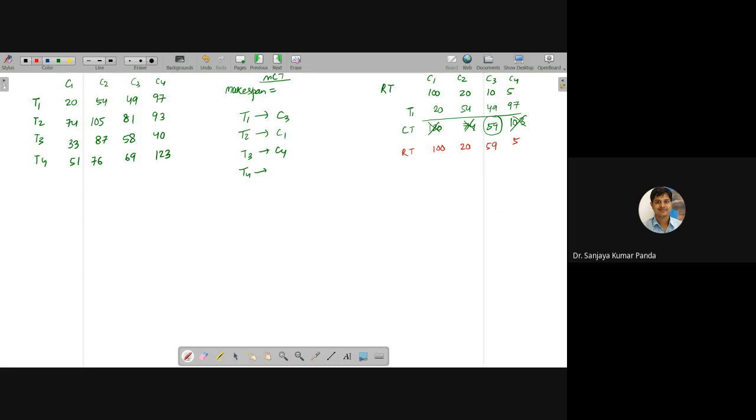Then if you go for T2, T2 is taking 74 units of time, 105, 81, and 93. If you sum it, you will get 174, 125, 140, and 98. So the minimum one we are getting is 98.